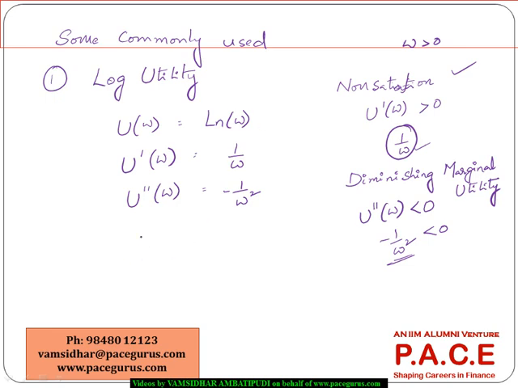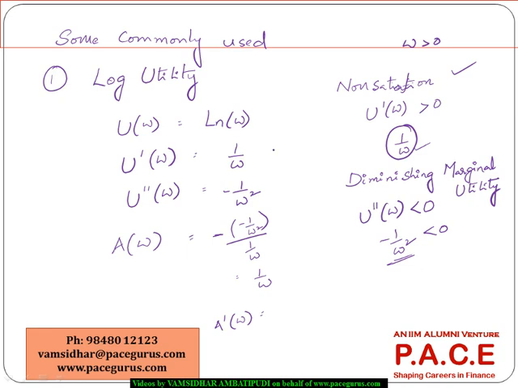So the log utility function, for all w's, satisfies both the non-satiation principle as well as the diminishing marginal utility principle. Now from here I can find the absolute risk aversion, which is minus the second derivative of the utility function, minus 1 by w squared, divided by the first derivative. So this becomes 1 by w, a positive number. But A dash of w, the derivative, is what tells me whether the investor exhibits increasing, decreasing or constant absolute risk aversion.